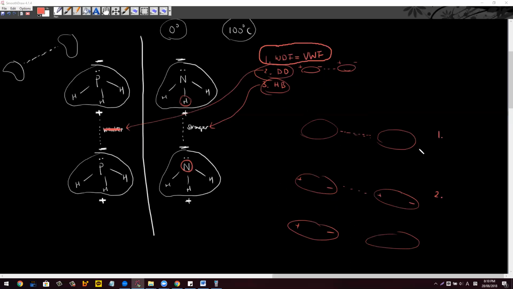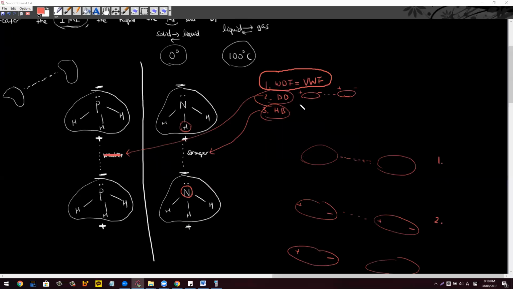You're saying weak dispersion force is overpowered by other forces, yeah, that's right. In this case over here, the dipole-dipole interaction is way stronger than the weak dispersion force. So you're right. The weak dispersion force is simply overpowered by other types of forces.